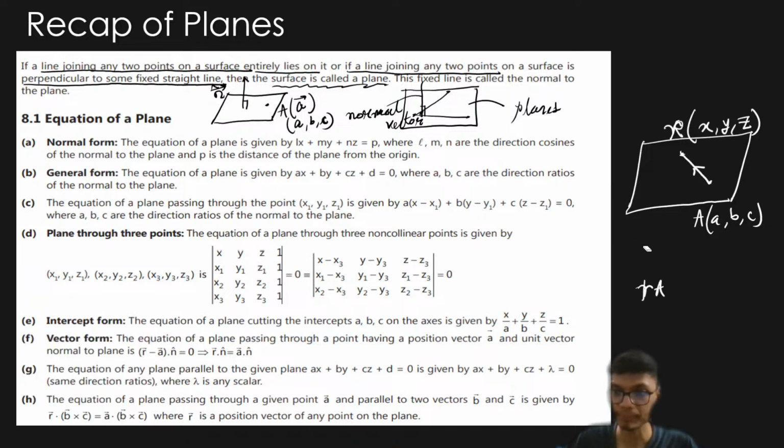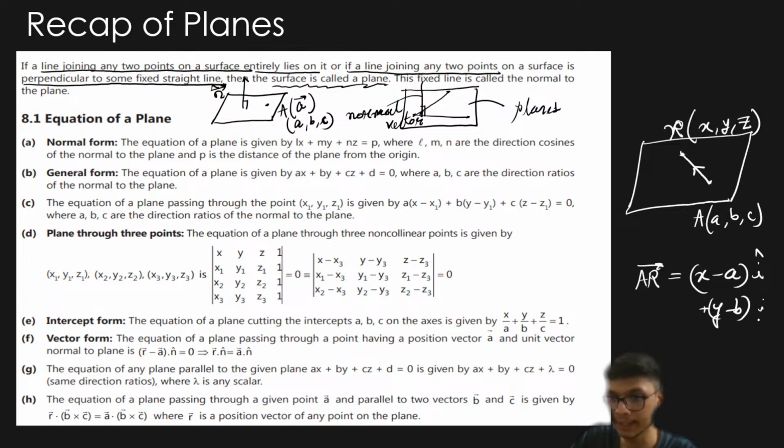In vectors, if we have 2 points, we can write a vector by subtracting the initial point from the final point. So that will become (x minus a) i cap plus (y minus b) j cap plus (z minus c) k cap, right? That is the definition of the AR vector.